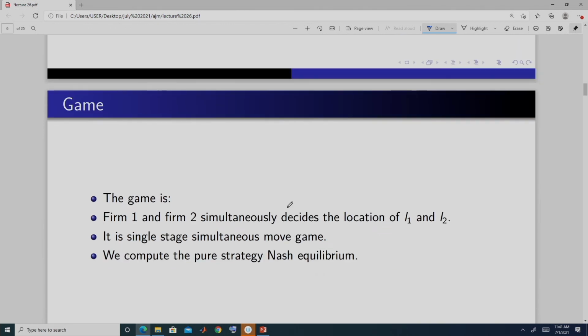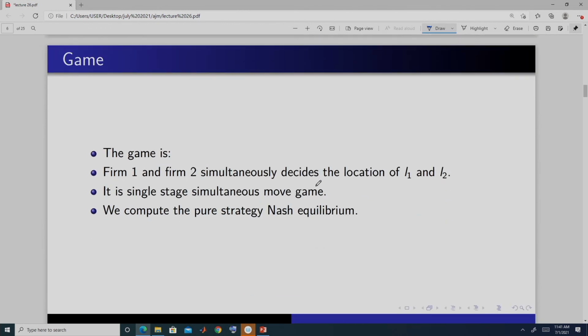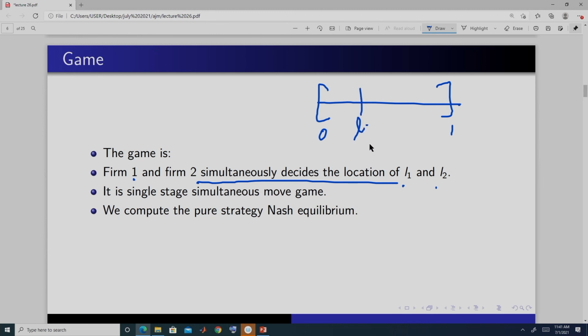Now, what is the game here? Firm 1 and firm 2 simultaneously decide the locations L1 and L2. In this unit interval 0 to 1, firm 1 chooses a location L1 and firm 2 chooses a location L2, and these decisions are taken simultaneously. So, this is a single stage simultaneous move game.